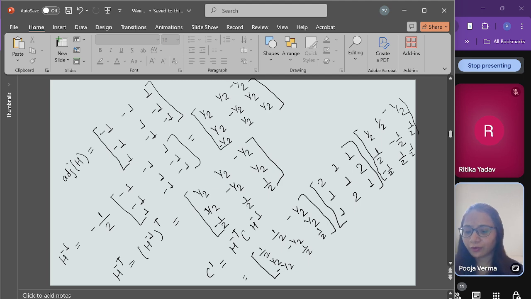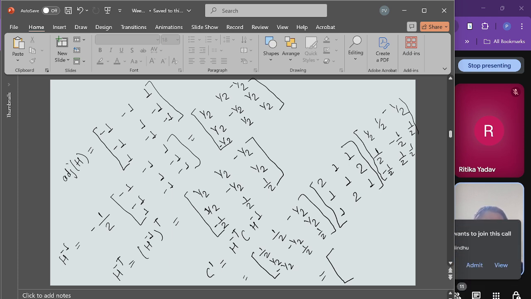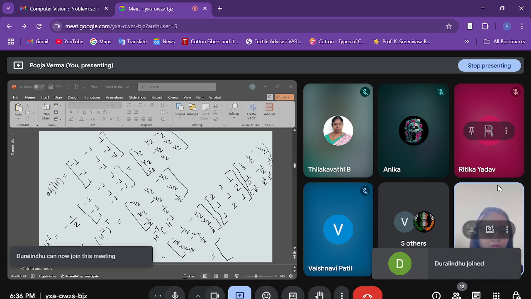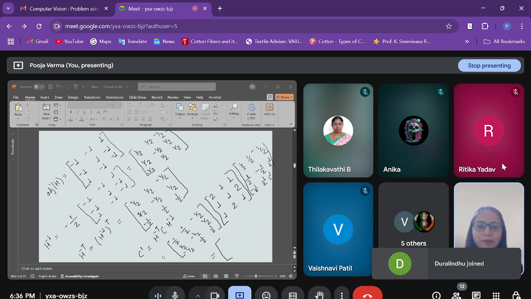Can anyone of you calculate and let me know the correct answer for this question? First multiply these two matrices, then multiply with this matrix. Anyone of you? Please try at least. It is a simple matrix multiplication.